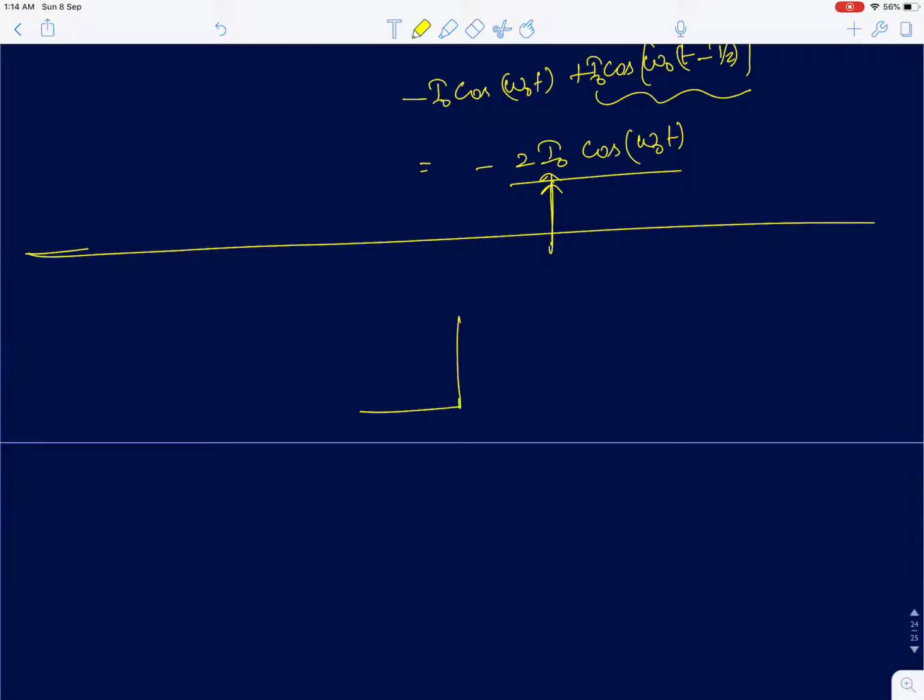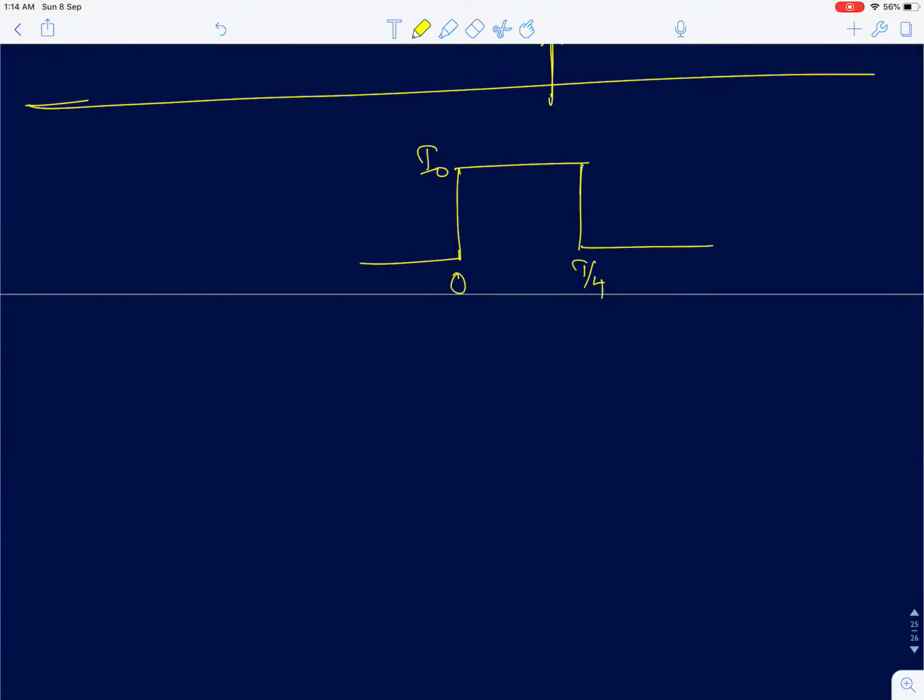Now we will analyze the case when the pulse width is T by 4. So this is I naught and its width is T by 4.